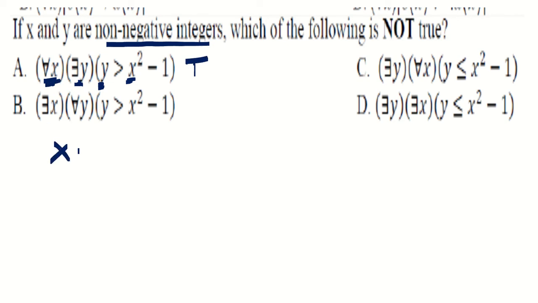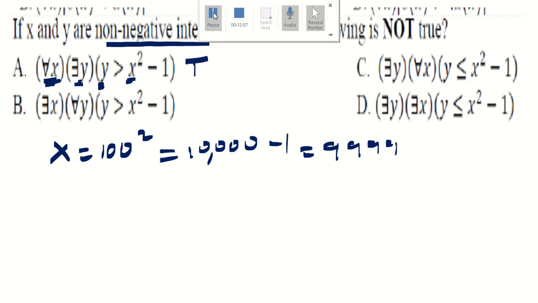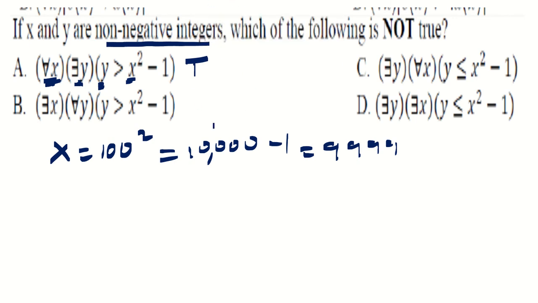For example, take x as 100, square it, it will be 10,000, then minus 1 it will be 9,999. From this number, can you find any other positive integer which is greater than that? Yes, because for all x, you can take any number in place of x, square it and subtract 1. Can you find y which is greater than the result?